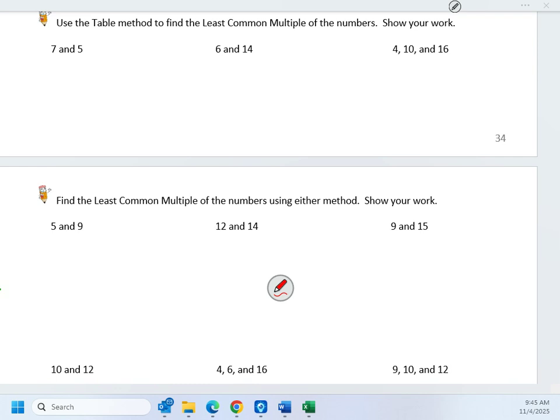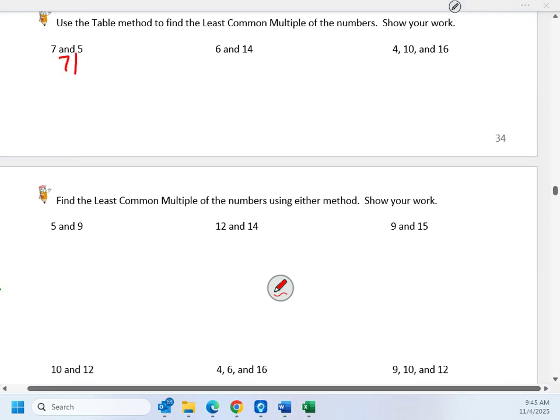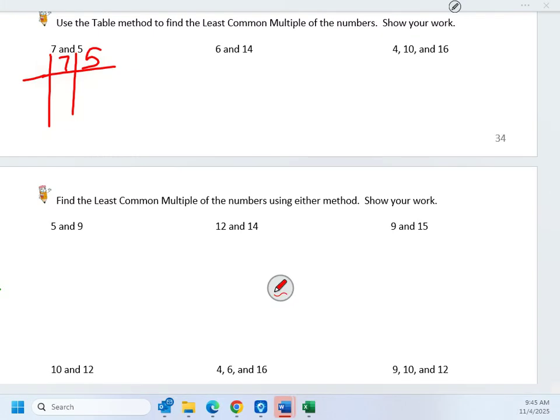So let's look at 7 and 5, doing our table method. Can I divide anything out of 7 and 5? Can I divide any primes out? Matt's shaking his head. He's like, wait a minute, 7's a prime, 5 is a prime. I can't divide anything out.